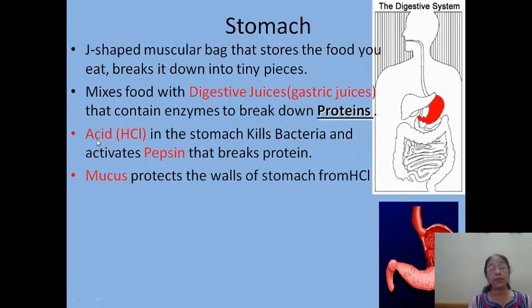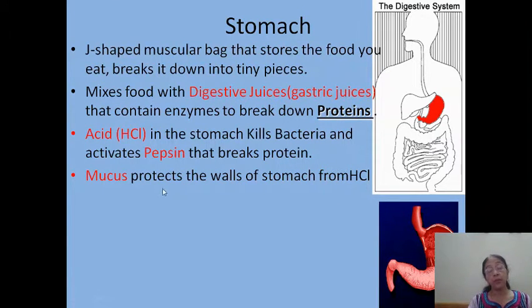The food that reaches the stomach becomes acidic because it gets mixed with hydrochloric acid. The benefit of this acid is that it kills the bacteria present in the food and also activates the enzyme pepsin, which will start breaking protein. Digestion of protein starts in the stomach.